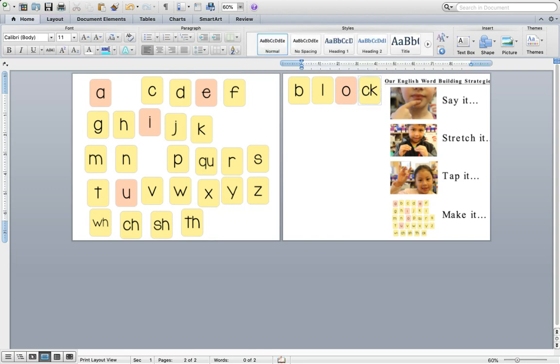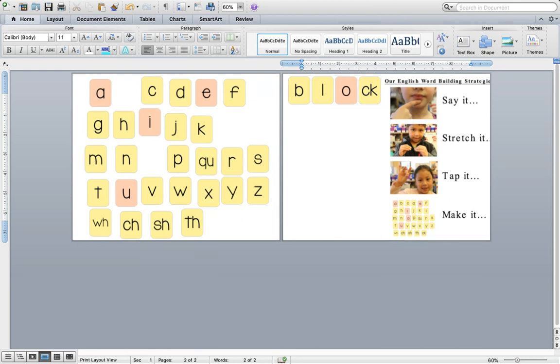Remember, we used CK, the CK digraph, whenever we hear the k sound at the end of a word. So when that k sound is at the end of a word, we would never have C by itself or K by itself. They always need each other when they're at the end of a word. Good job. Let's read it. B, l, ah, k. Block.